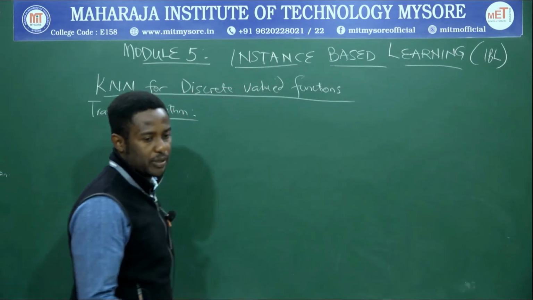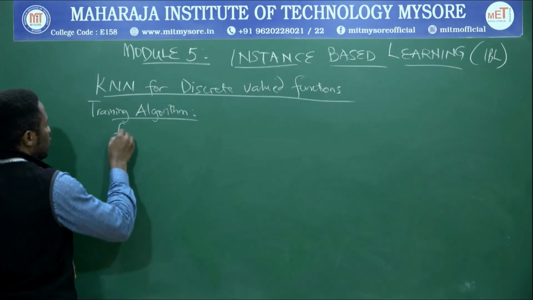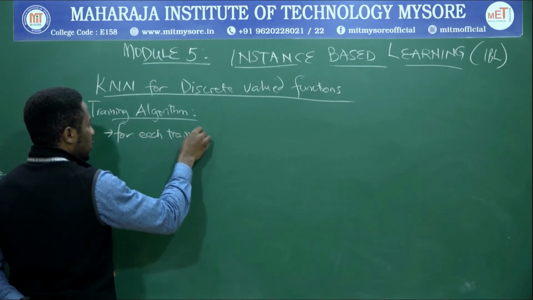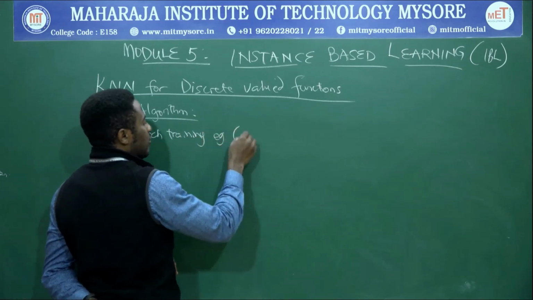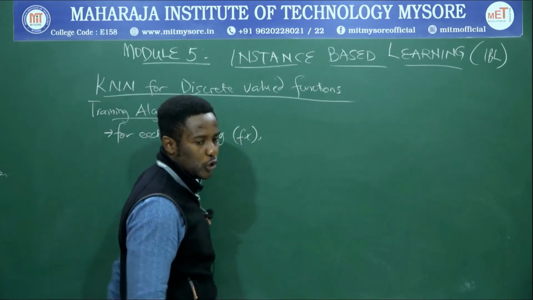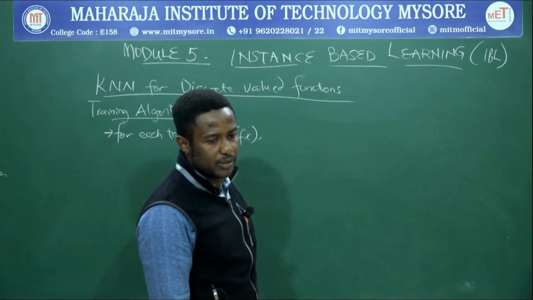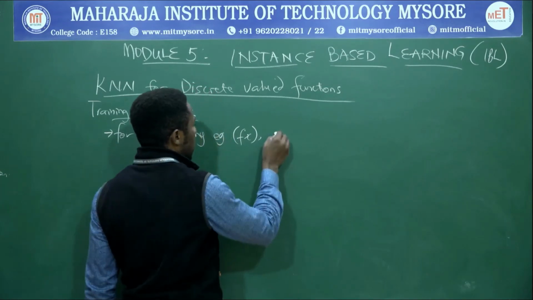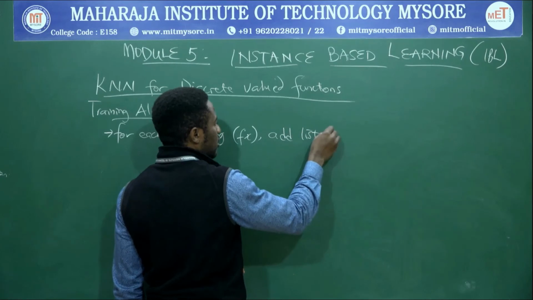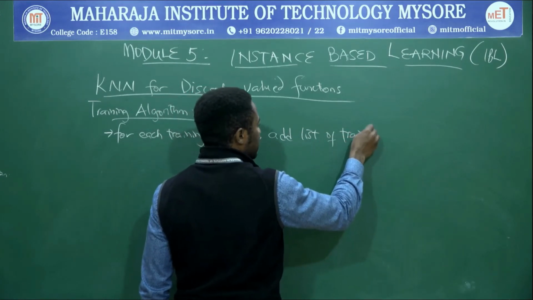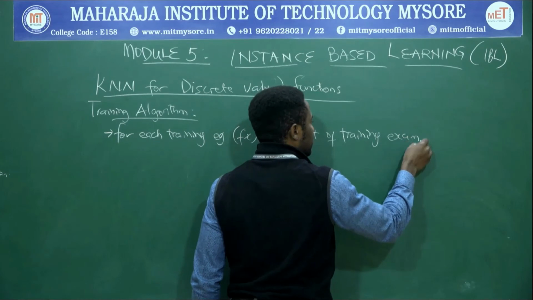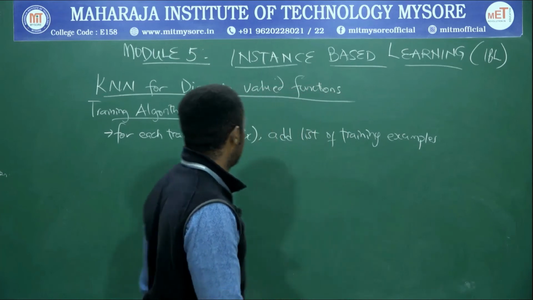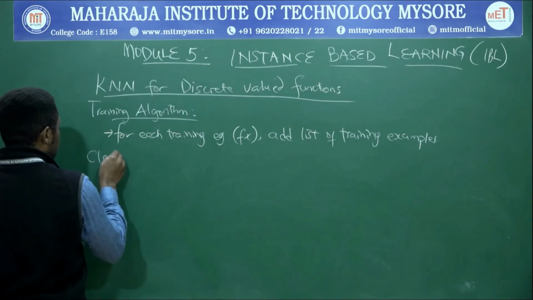So for each training example, call it f of x, you add the sample or the example to the list of training examples. Then after this is done, what do you do next? You perform classification.